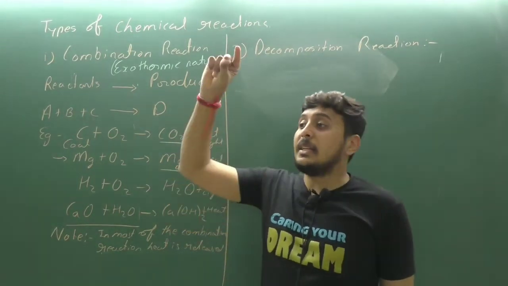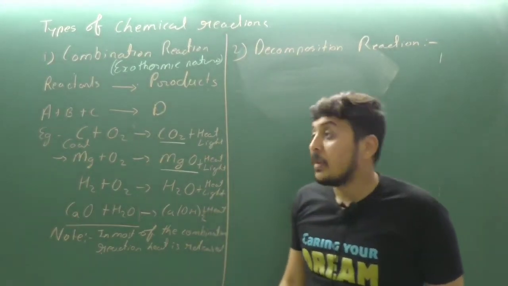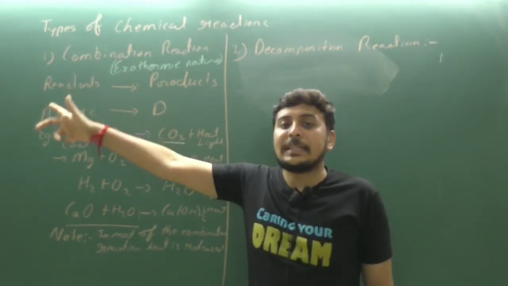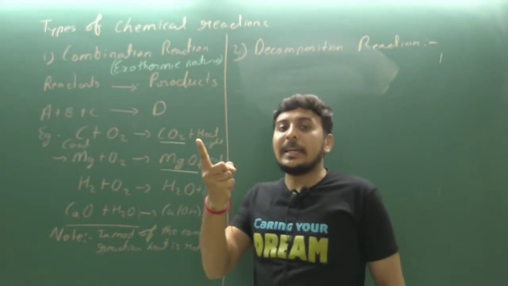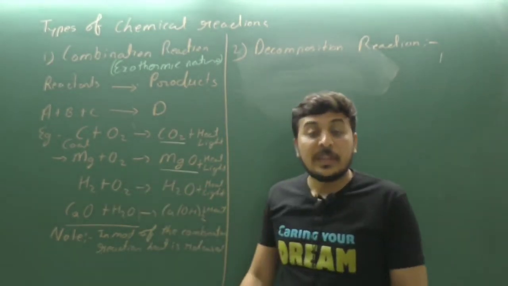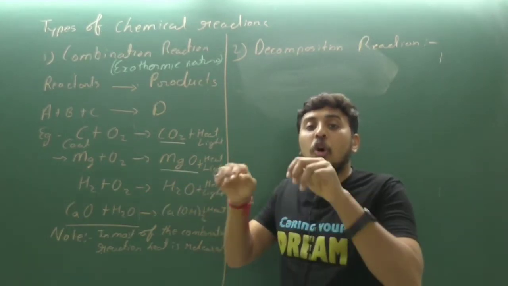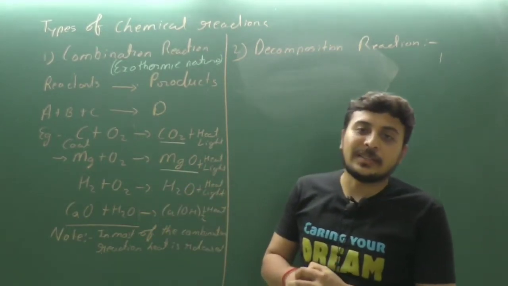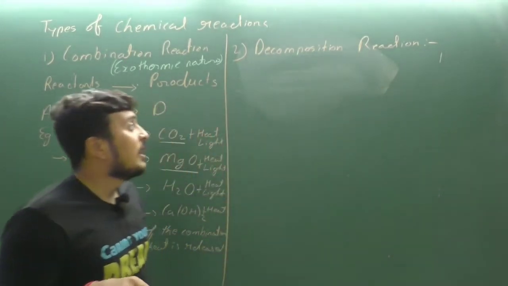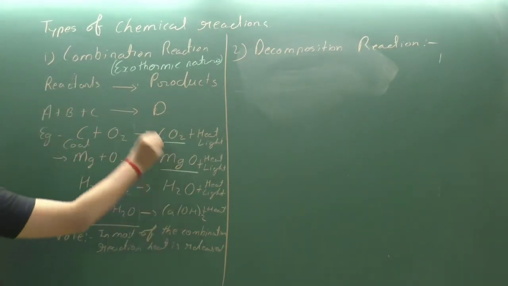The reaction in which a single reactant is divided into two or more than two products is known as decomposition reaction. Hope you have written it. Otherwise you can revise the video and write the definition again.